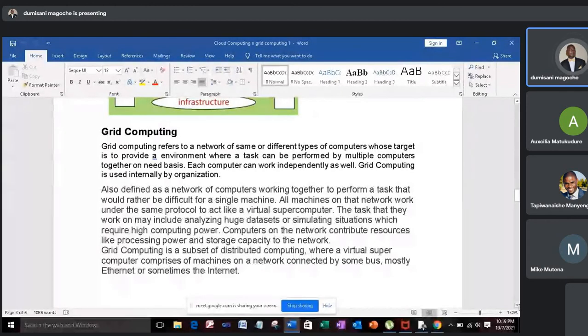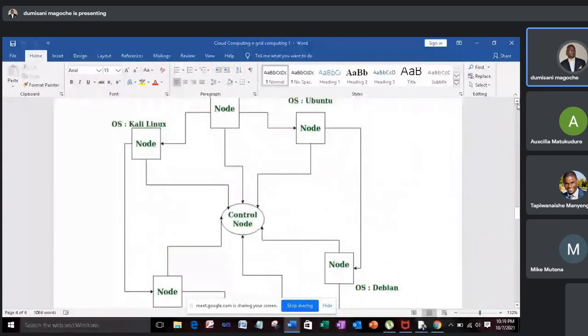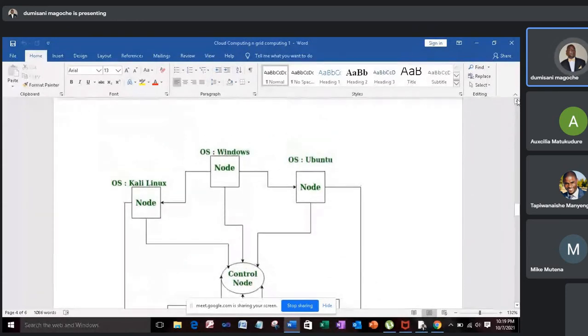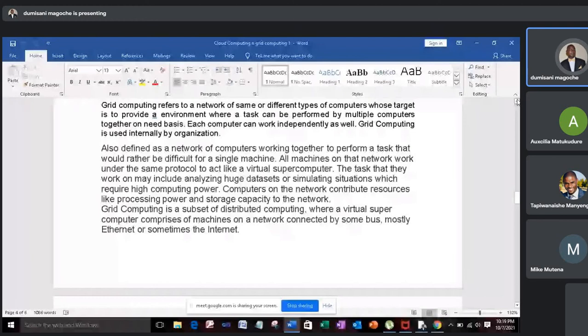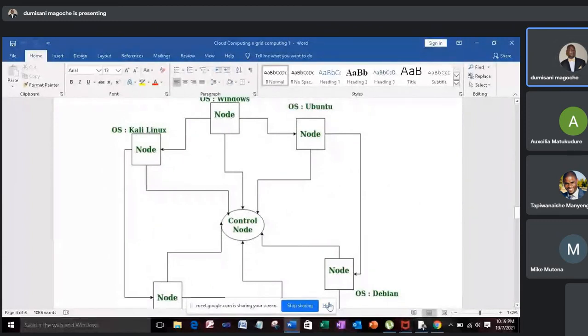So grid computing is a subset of a virtual supercomputer. The structure of the grid computing network is just like that. Let me go to the architecture diagram of this one. I got this from GeeksforGeeks.